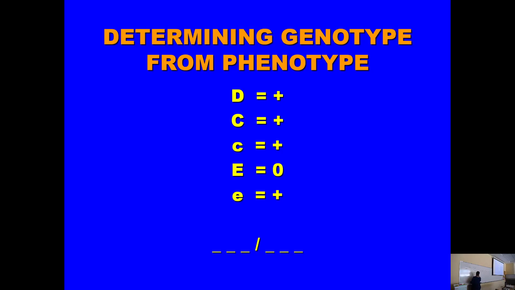This is homozygous. These are heterozygous, because they have a different one on each chromosome. Hetero is different. These only have the little e on both chromosomes, so it's the same. That's homo, same.